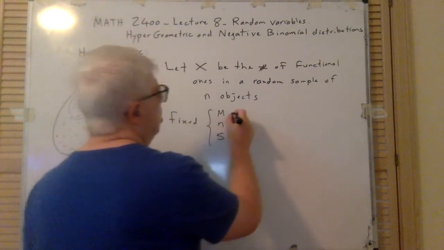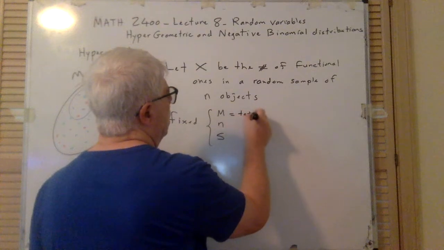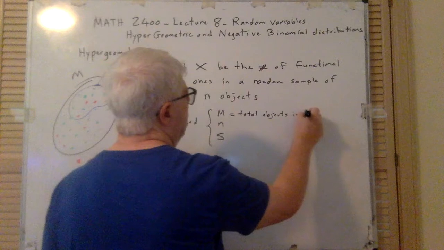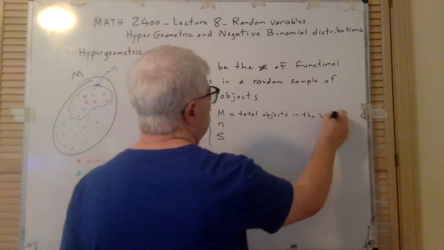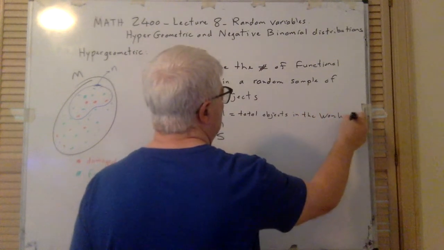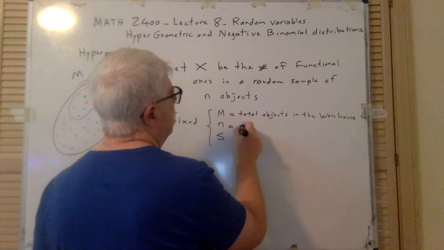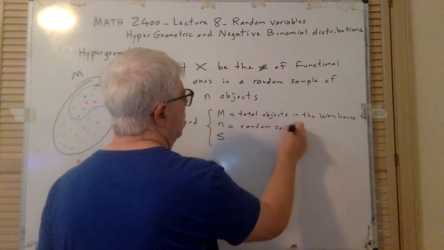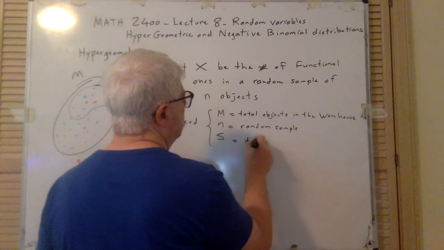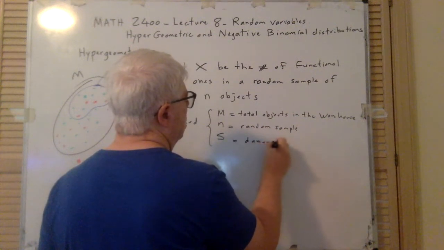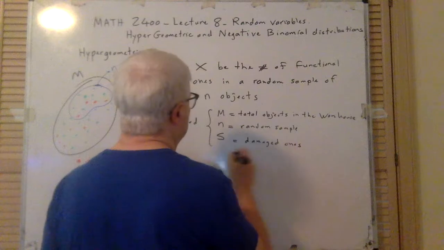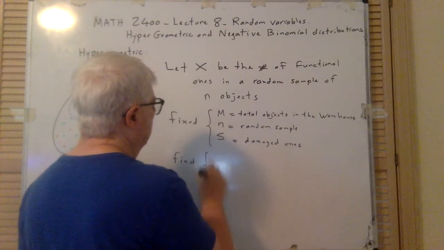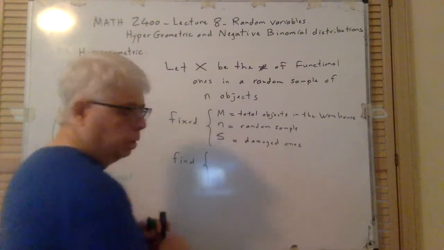So m is the total objects in the warehouse, and this is the random sample. Not fixed, let's say.